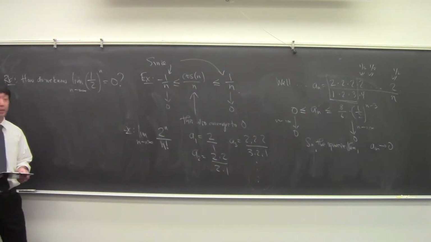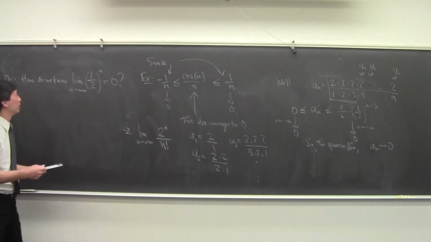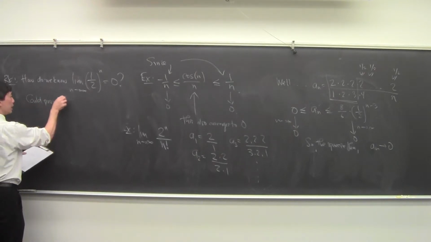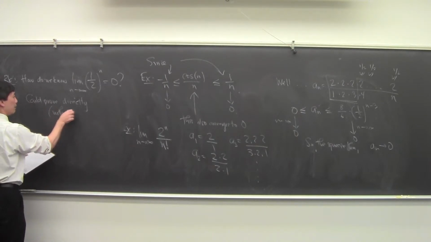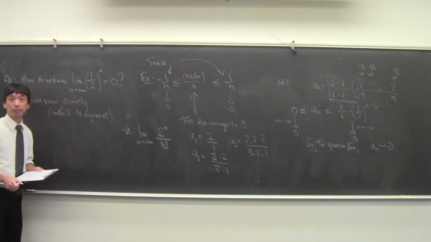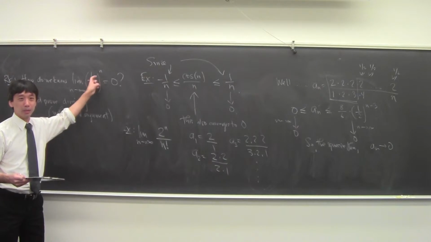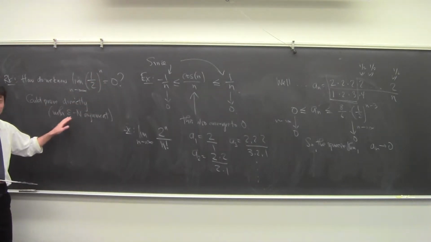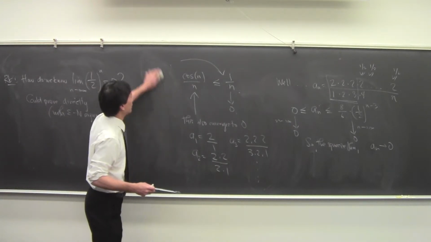It's sort of obvious. You could prove this directly with an epsilon n argument. As n gets bigger, this is going to go to 0. If you're interested, you could try to do it as an exercise.